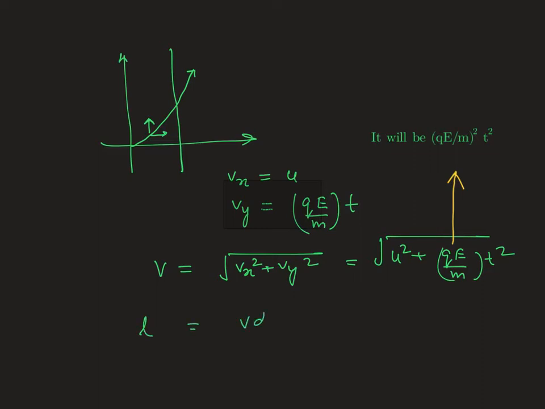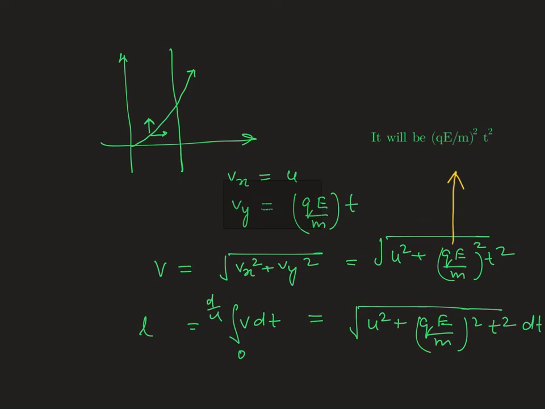The length of the path is simply the integral of v dt, and we know the time starts from 0 and ends at d by u. So we'll have to integrate this. That is something I can give you in another video. Root of u squared plus (qE by m) squared t squared into dt, integrate.